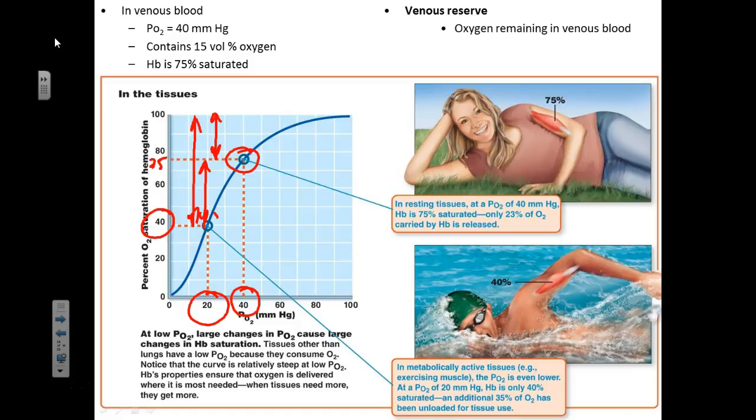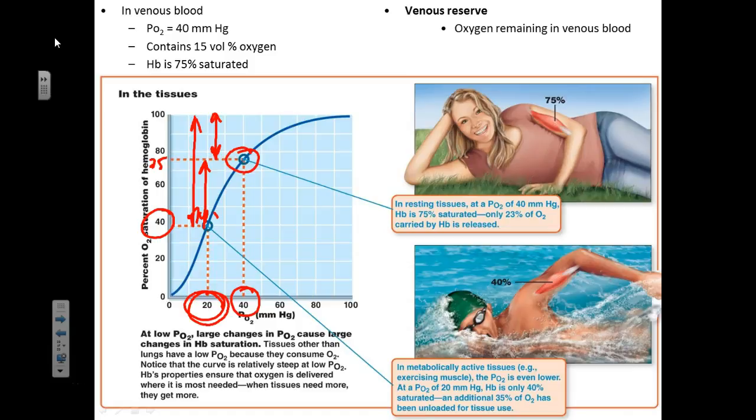Does that make sense? When blood enters tissues that are metabolically active, tissues that are working, cells that actively metabolize stuff, cells that actively do cellular respiration, cells that actively consume oxygen, the partial pressure of oxygen decreases, and it automatically stimulates increased unloading of hemoglobin.